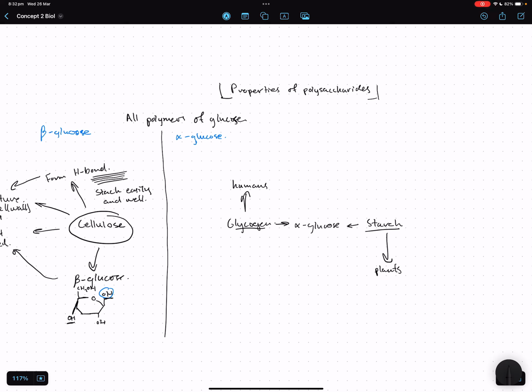Now both are energy storage and release. Both of them use this. So this one is the differences, and I'll highlight them in a different color. So let's do this one. This one, for example, is very, very branched.